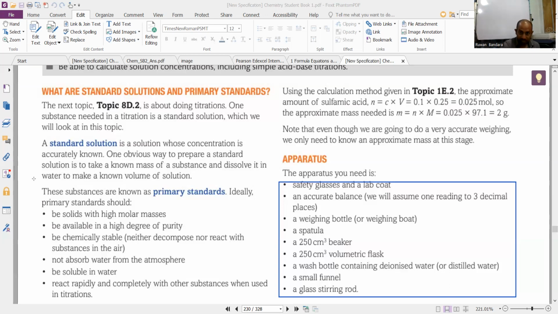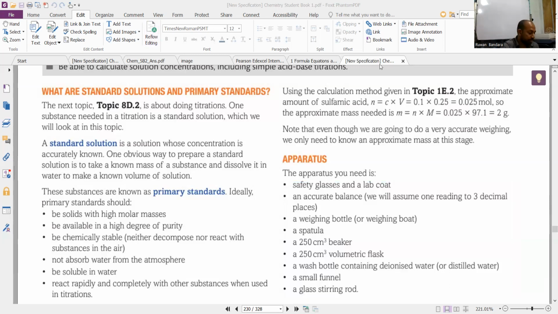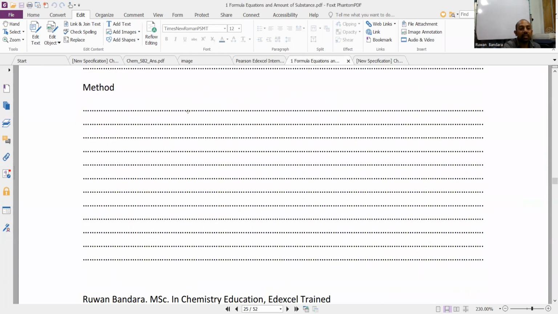Okay, moving on then. Then the method. No, don't copy. Method. Yes, I will read. Now, we know the amount to add, that is 2.43. Yes. And then, number one.